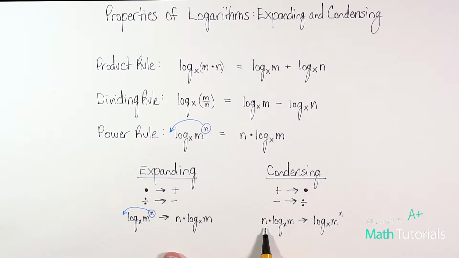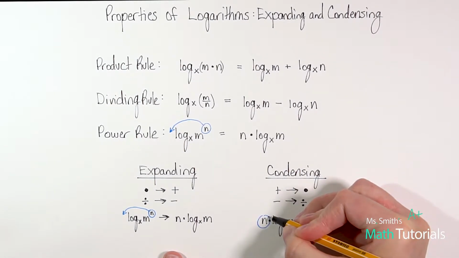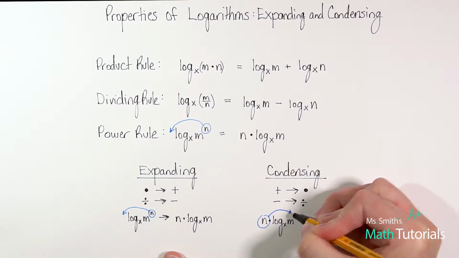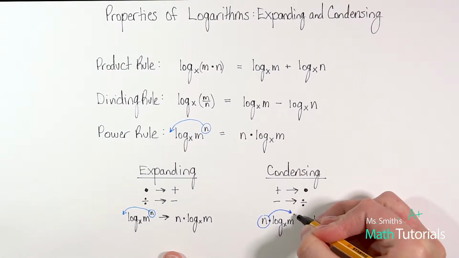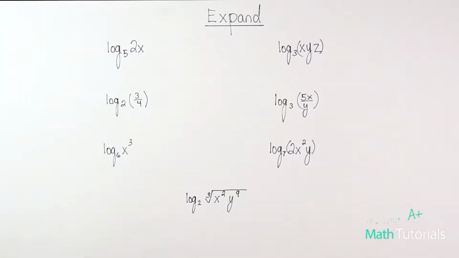And if we had a large n out front being multiplied, we would take that n and condense it, make it tiny, and put it up here with the m as a little exponent, so that it looks like this. So expanding means making bigger, making longer. Condensing means making it shorter and more condensed. Let's look at some examples where we would need to expand.